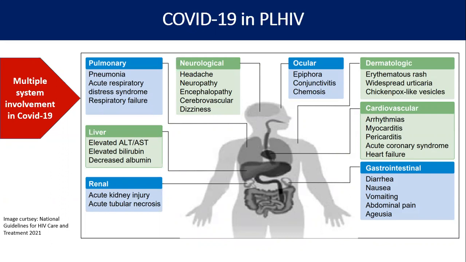Then ocular: epiphora, conjunctivitis, chemosis. Dermatological manifestations are erythematous rash, widespread urticaria, chickenpox-like vesicles. And in cardiovascular, symptoms are arrhythmias, myocarditis, pericarditis, acute coronary syndrome, heart failure. And for gastrointestinal symptoms, it is diarrhea, nausea, vomiting, abdominal pain, ageusia, that is, cannot smell.